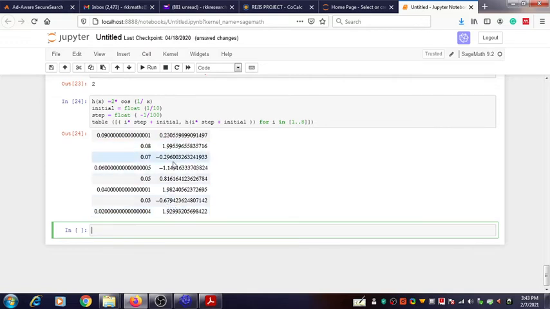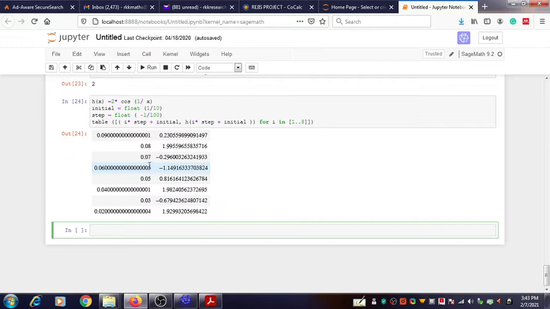Thus we can see that as we approach the point x equal to 0 along the positive direction of the x-axis, or from the right side, the function values are changing sign alternately. It is not continuously staying on one side.